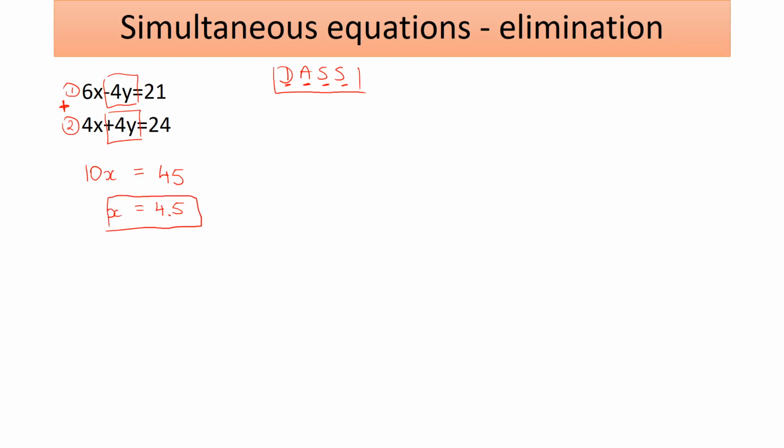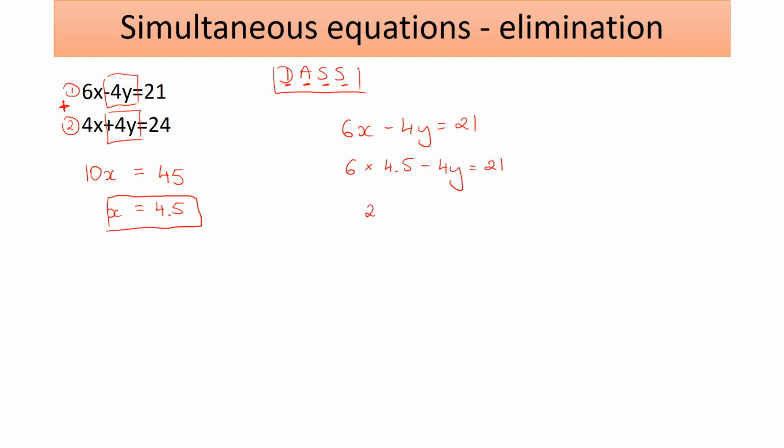Now, just like before, I'm going to use one of the equations and substitute the value of x into it to find the value of y. So I'm going to again use the first one, okay, and that is 6 times 4.5 take away 4y equals 21.